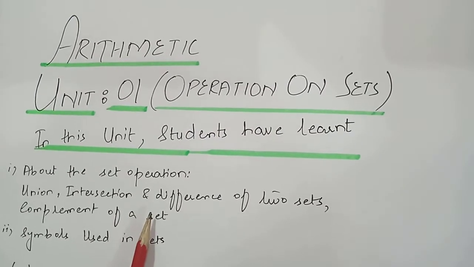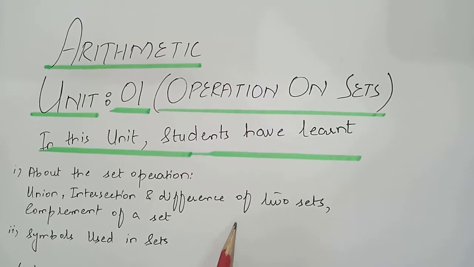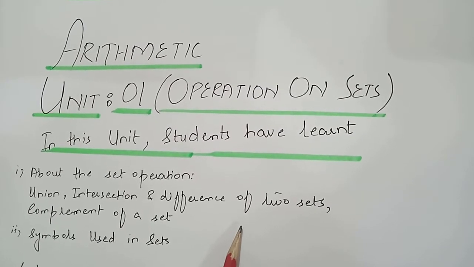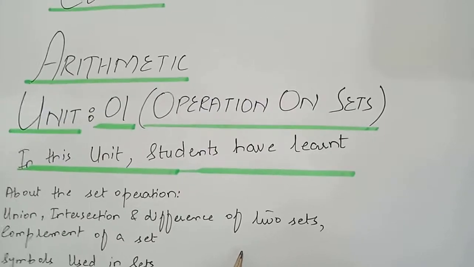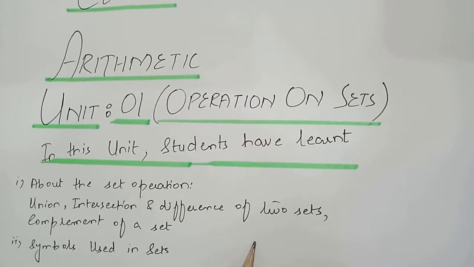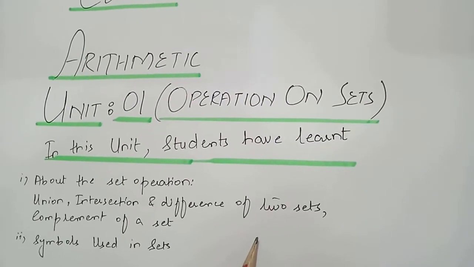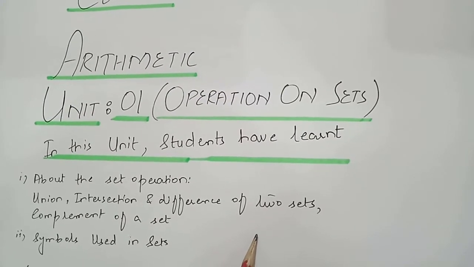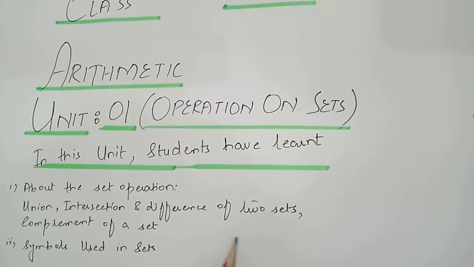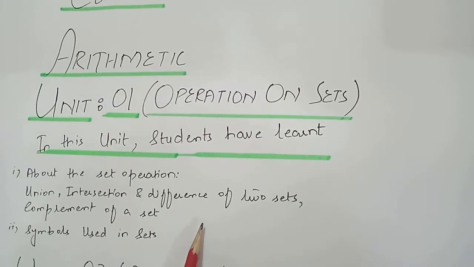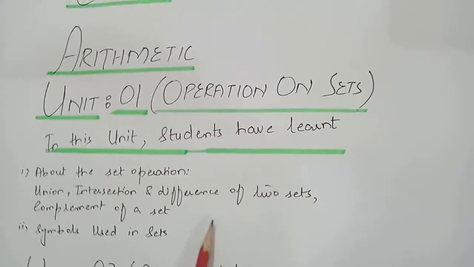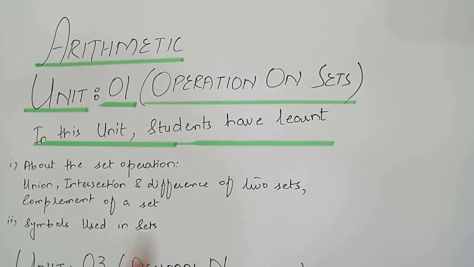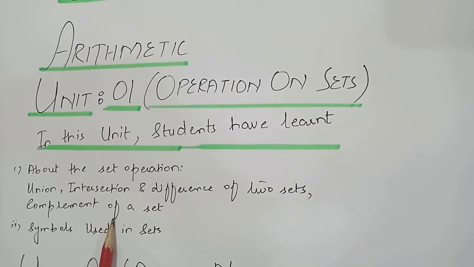Difference of two sets. The difference set of any two sets A and B is the set of the elements of set A which are not in the set B. Similarly, complement of a set.